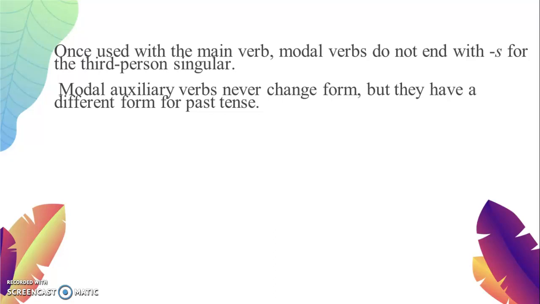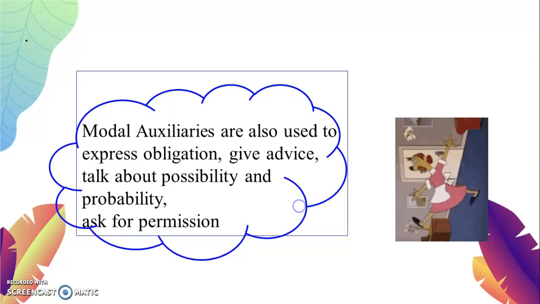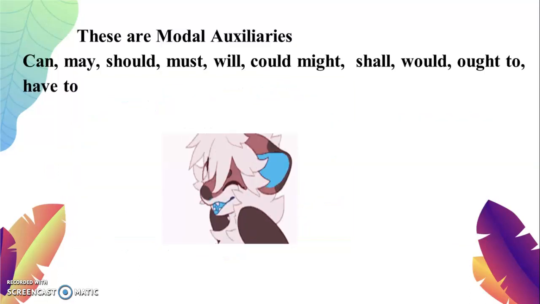Modal verbs never change form, but they have a different form for the past tense. Modal auxiliaries are also used to express obligation, give advice, talk about possibility and probability, and ask for permission.